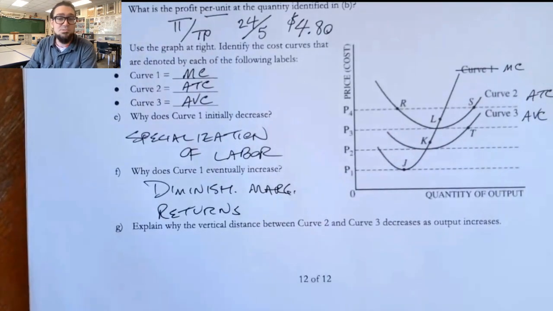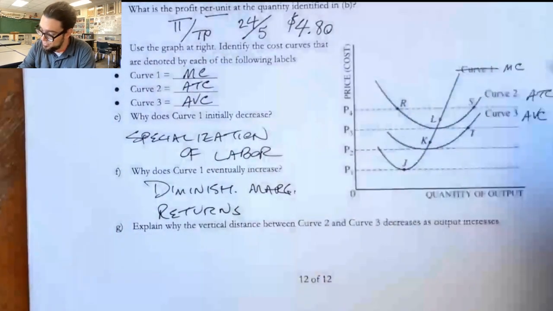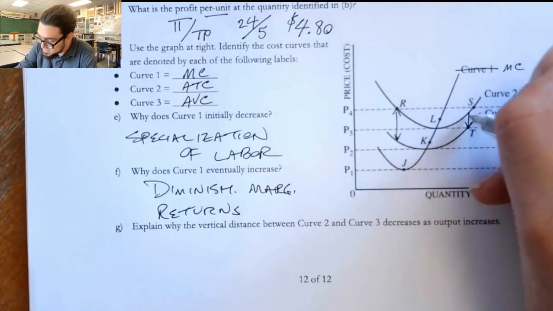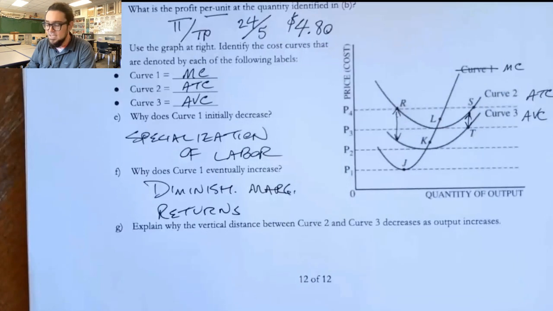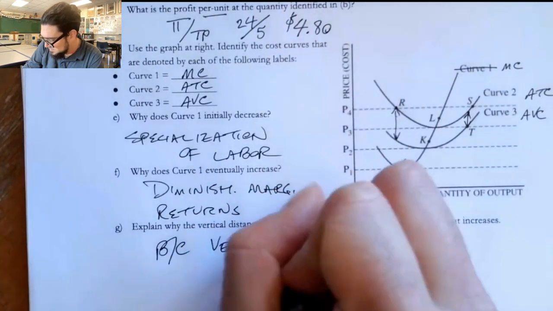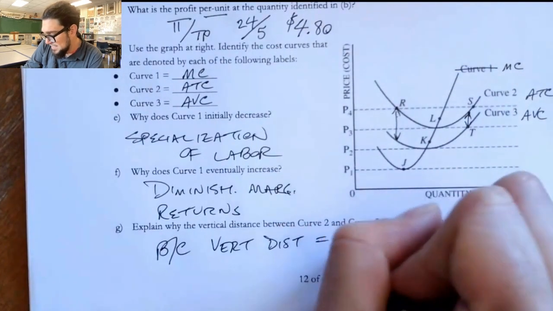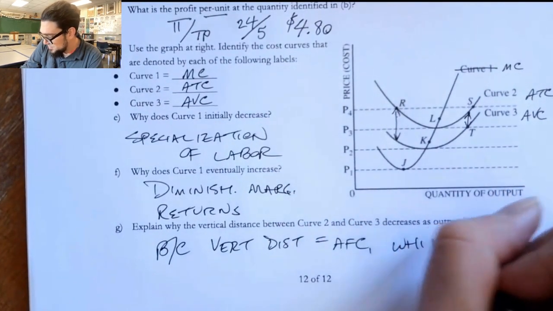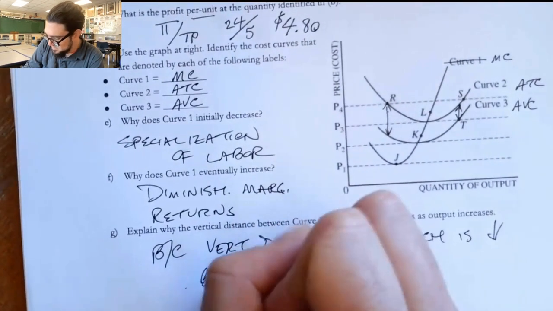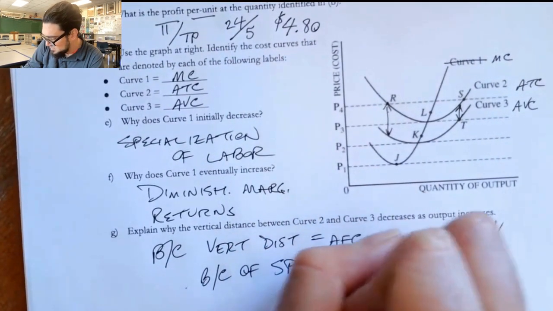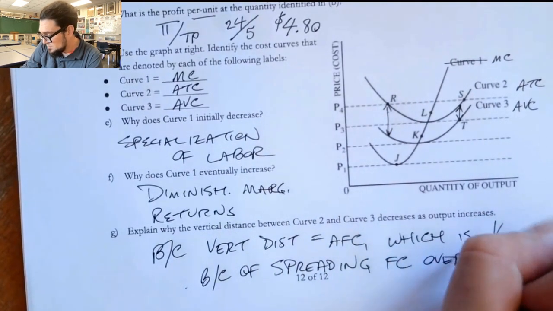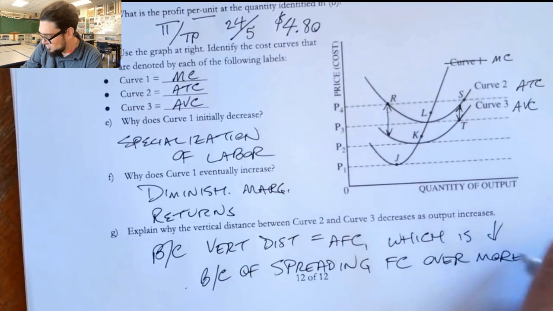Why does the vertical distance between 2 and 3 decrease as output increases? So we can actually even see there's the vertical distance there, but it's smaller at a larger quantity. And that's because vertical distance equals the AFC, which is decreasing because of spreading the fixed cost over more quantity.